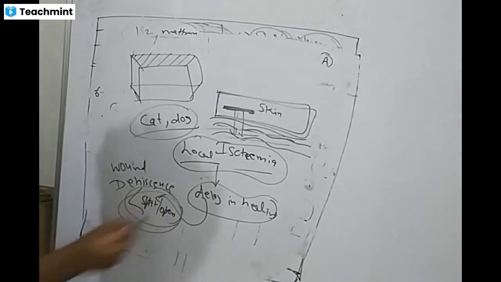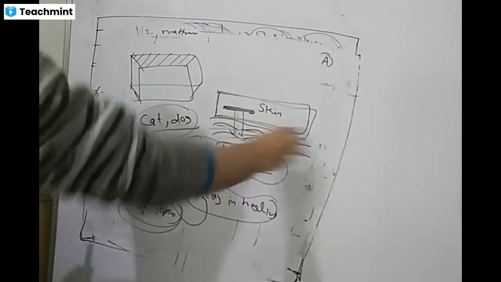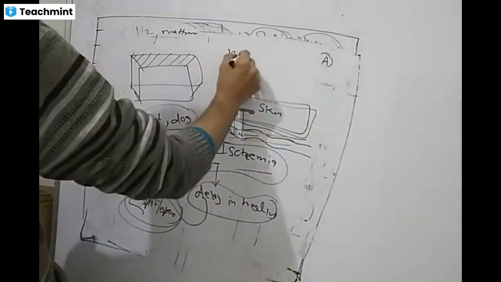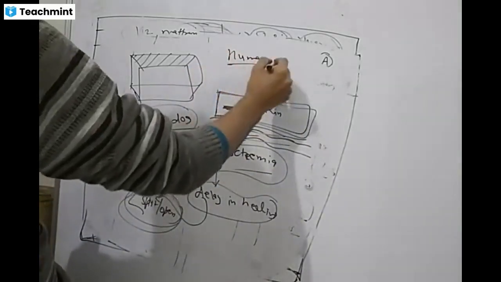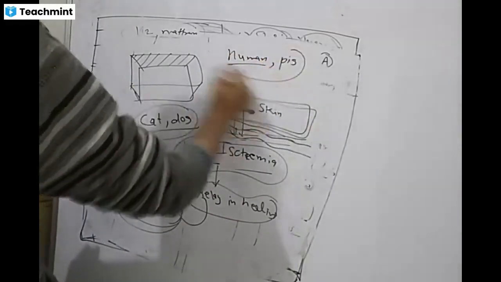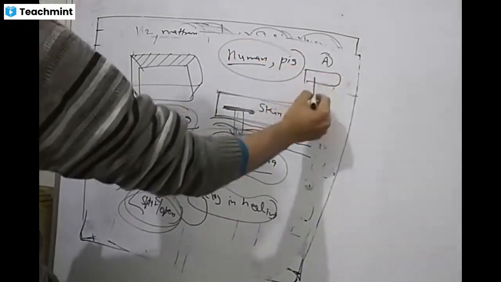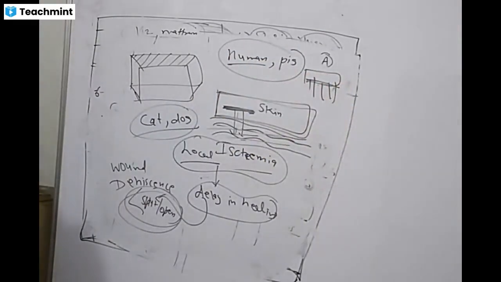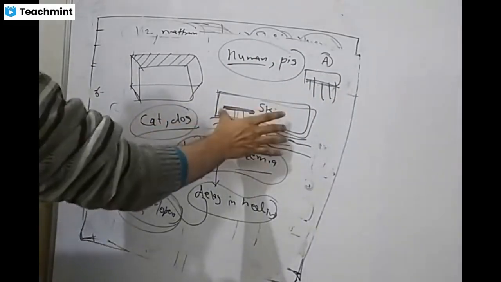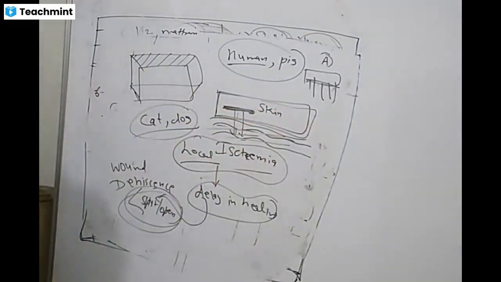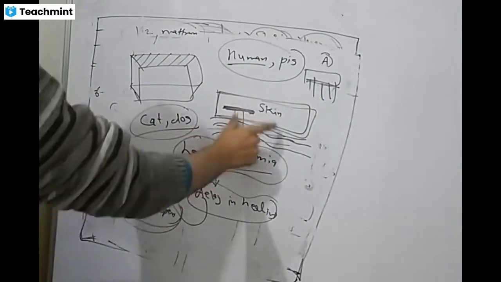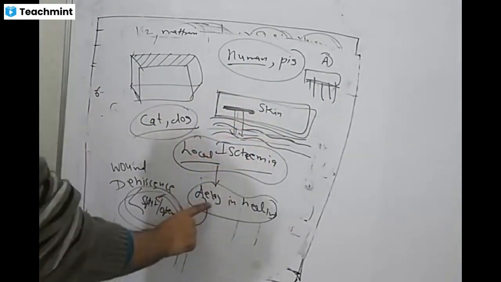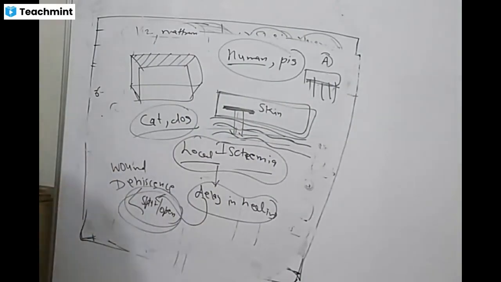So this is the disadvantage with the horizontal mattress. In case of human being, in case of pig, the blood supply is perpendicular to the skin surface. But in case of dog and cat, this blood supply is parallel to the skin surface, horizontal compresses the supply, local ischemia, delay in healing, and there may be chances of wound dehiscence.